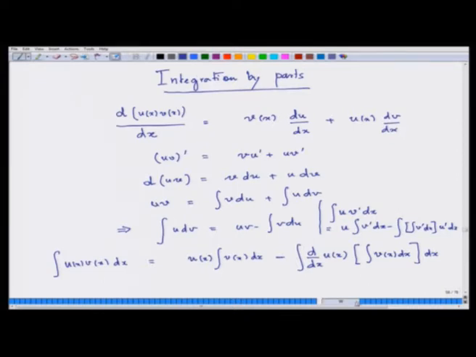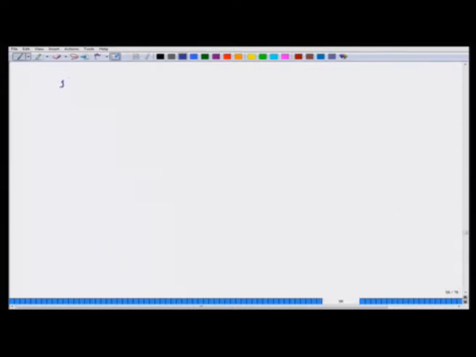So, let us take the first example, number 1. I have to find the integral of 3x square log x dx. Now, if you think of it, nothing seems to work. So, if it does not work, what am I supposed to do? Okay. So, let me see if I have a candidate for something like dv here.